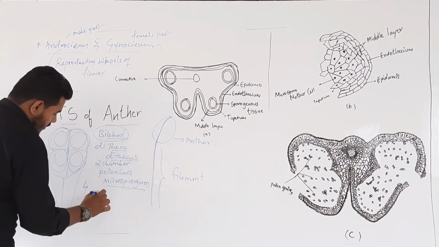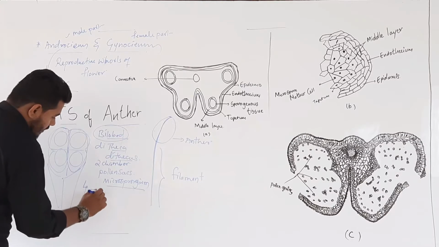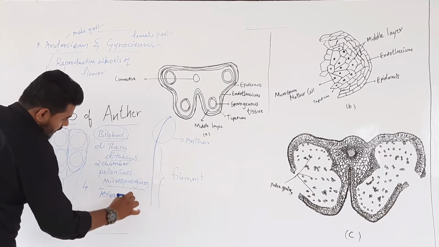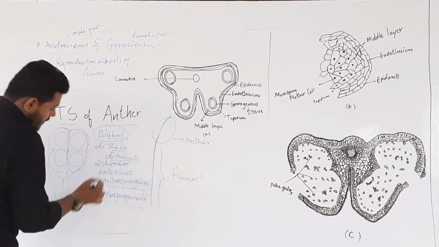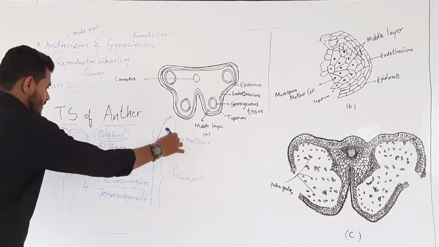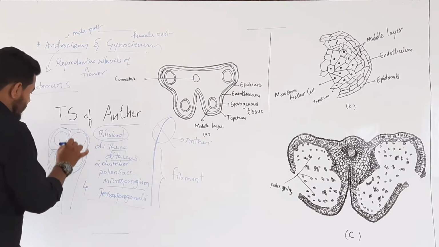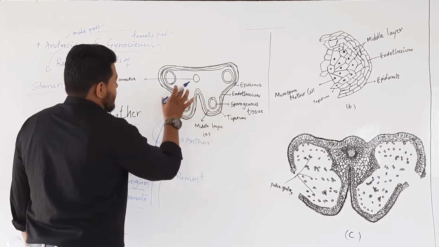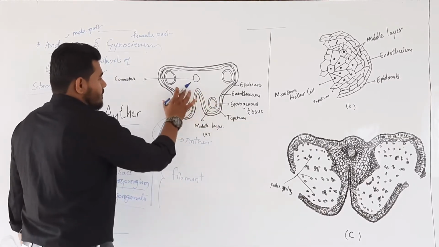So anthers are called tetrasporangiate. When you cross section this, you will find these types of structures.